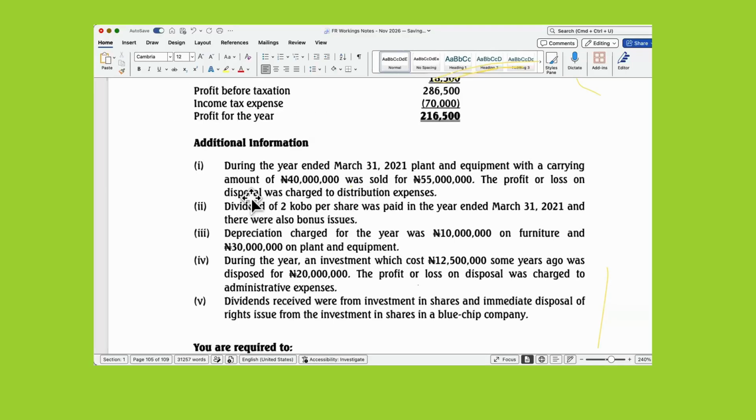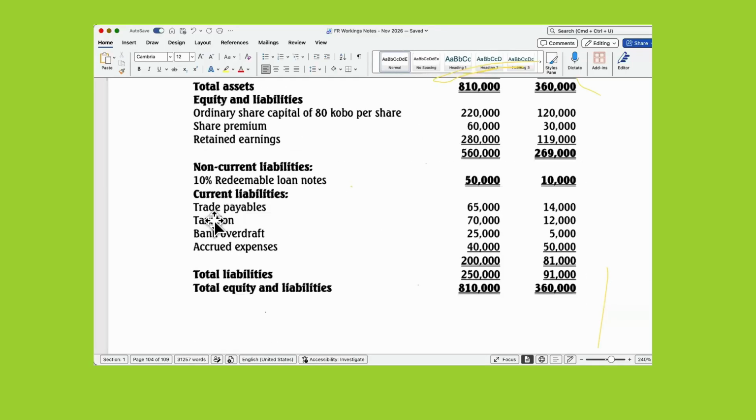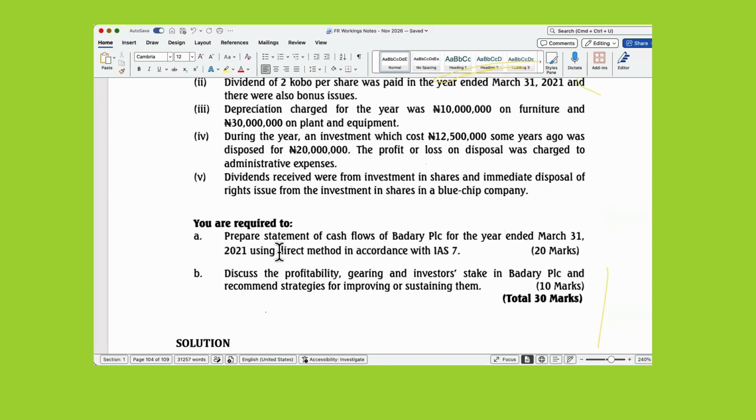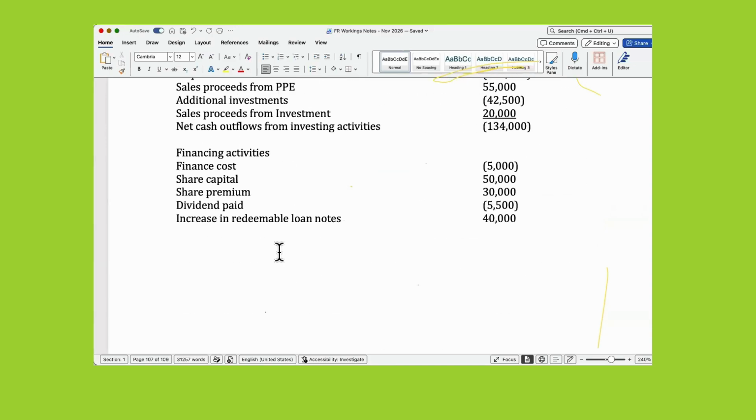Okay, so that's all my liabilities. So for my current, I already dealt with payables, I dealt with taxation, bank overdraft, balancing figure. I already dealt with admin expense. I added it back to admin, and that's it for this one. So let's cumulate it together.